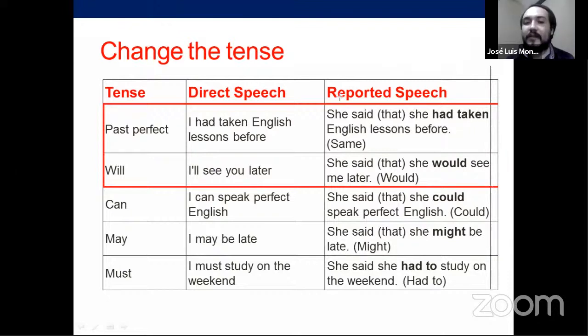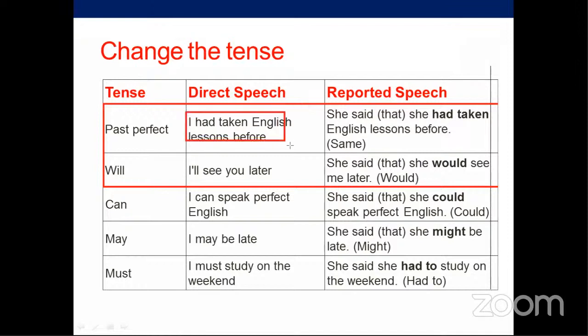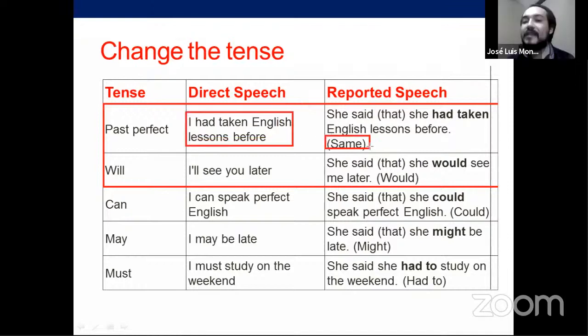So it's the same idea. Look, if it's past perfect, you use the same tense, okay? You don't change. This is interesting, all right? Past perfect doesn't change in reported speech. It's the same, past perfect. Don't make changes in the tense when you use the past perfect. Had taken, had seen, this is what we learned, right?